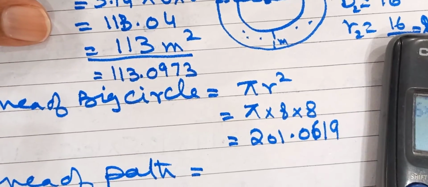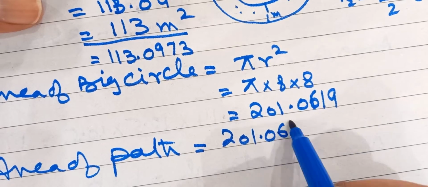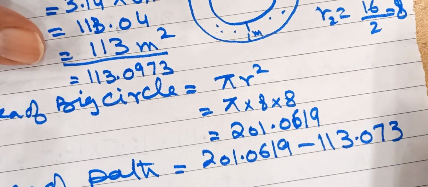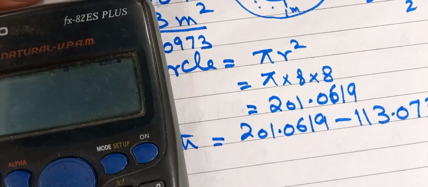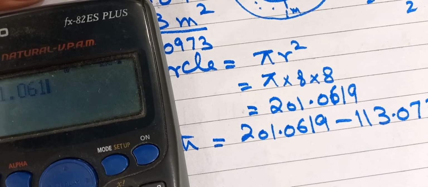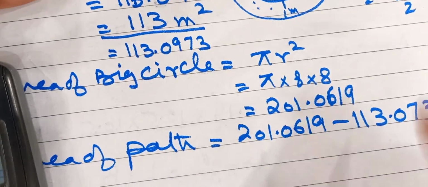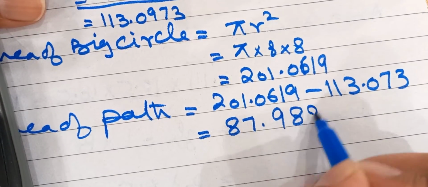So when I subtract these two, 201.0619 minus 113.0973, what I get is 87.9889.